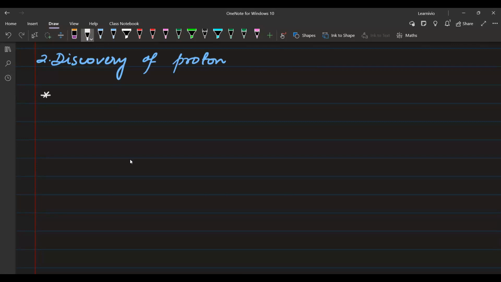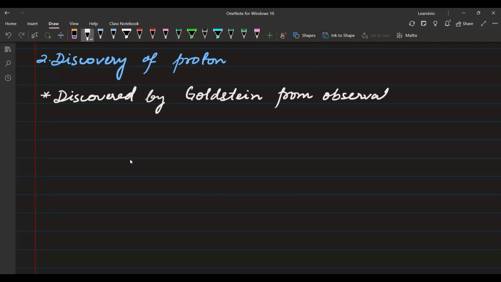Discovered by Goldstein from observations of the anode ray experiment.